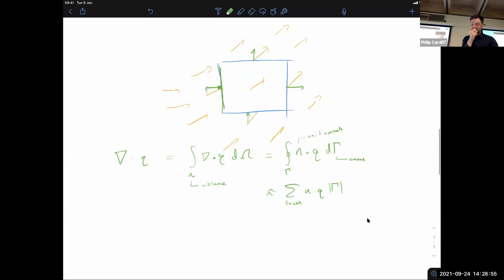So it can be written as, and maybe it's a bit confusing, these unit normals, you can sum around the surface and just take the n dot q, which means the normal component. n is a normal vector. So the normal component of q, so if q has a heat flux in the x and the y, you just take the normal component, so that's the x. So you just say the x here plus the y there, minus the x here, minus the y there. If you sum all of those up, they should equal 0.